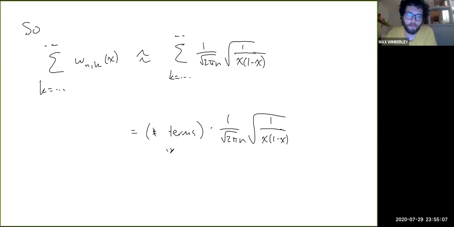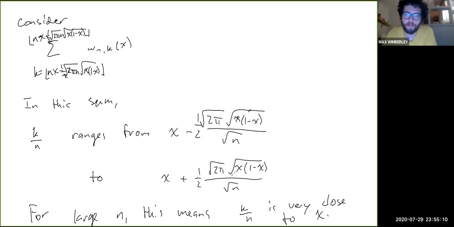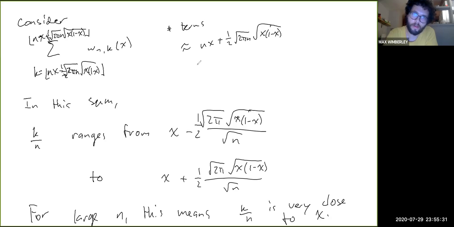The total number of terms is approximately nx plus 1/2 square root of 2 pi n square root of x(1 minus x), minus nx, minus 1/2 square root of 2 pi n square root of x(1 minus x).